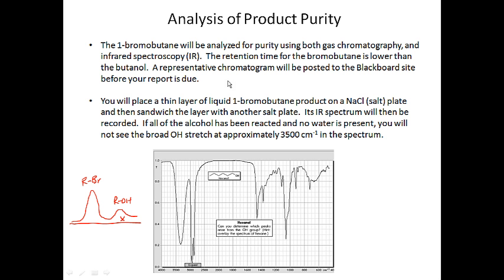Now, infrared spectroscopy is a technique that you'll talk about in detail next semester as part of the Organic 2 lab. But infrared spectroscopy basically allows us to analyze products.